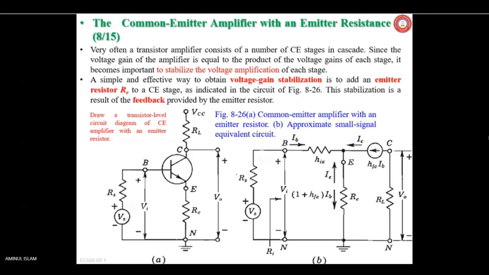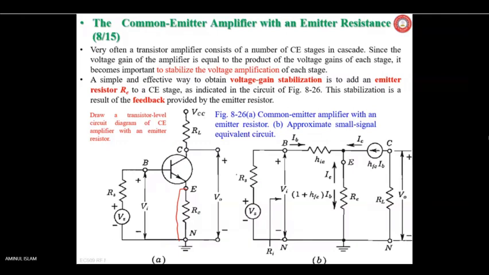Now we are going to start a new topic, that is the common emitter amplifier with an emitter resistance. See, emitter resistance earlier was not connected; it was directly connected. The simple CE amplifier we have discussed. Now we are connecting a resistance at the emitter terminal.